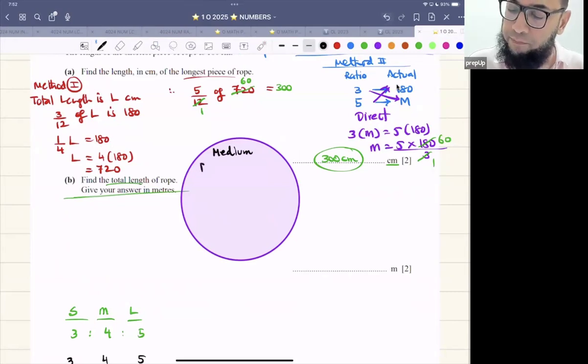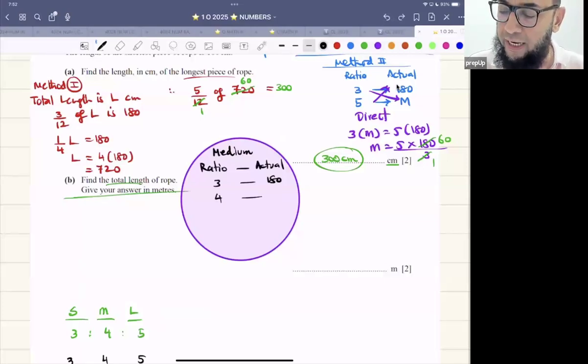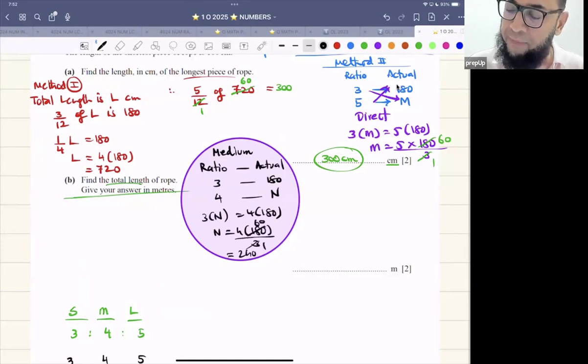This is ratio, this is actual. 3 corresponds to 180, 4 corresponds to N. So 3 into N equals 4 into 180. Therefore, N is 4 into 180 divided by 3. 3 ones are 360, 4 times 60 is 240.